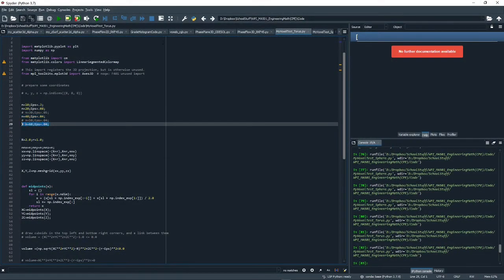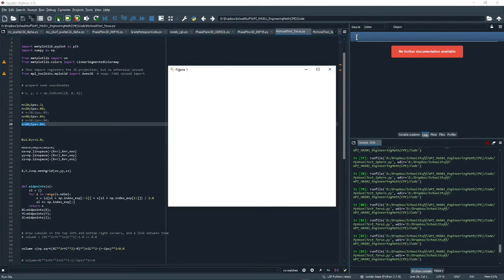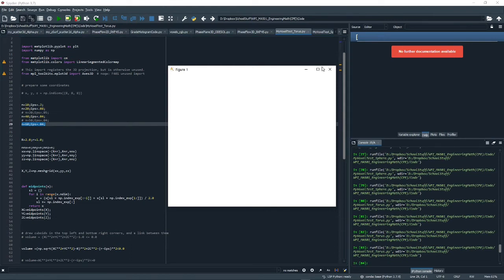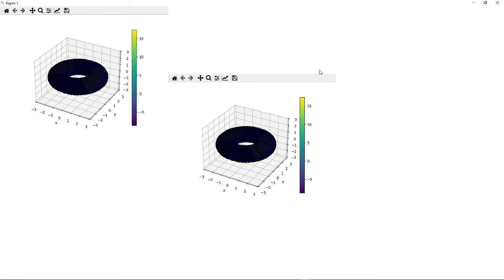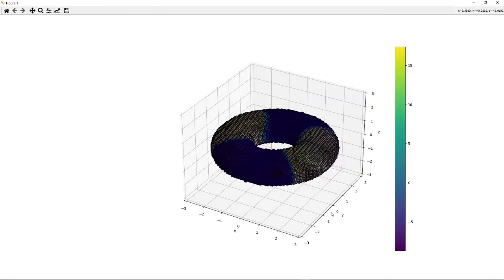So if we go to 60 cubes, which might take a little bit to run, we can see that even in those regions where the function is changing sharply, as long as it's changing in a smooth enough manner, which this function is, I think I chose the function x squared minus y squared plus z squared.